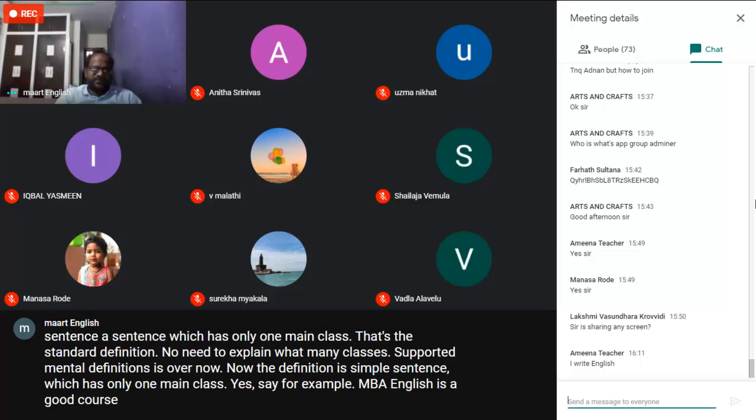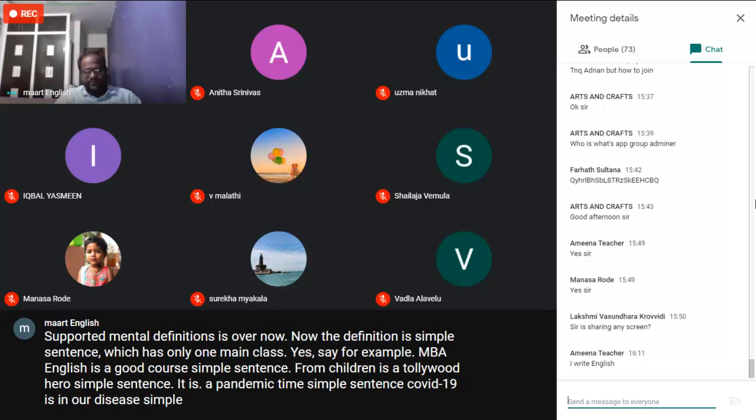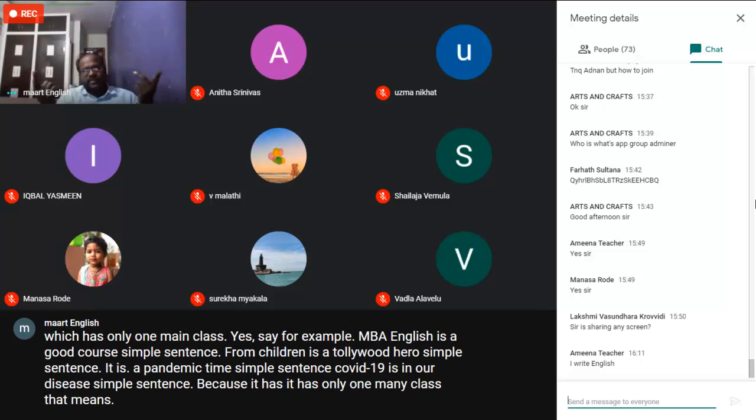Simple sentence. Ram Charan is a Tollywood hero. Simple sentence. It is a pandemic time. Simple sentence. COVID-19 is a novel disease. Simple sentence, because it has only one main clause, that means one subject and a predicate.